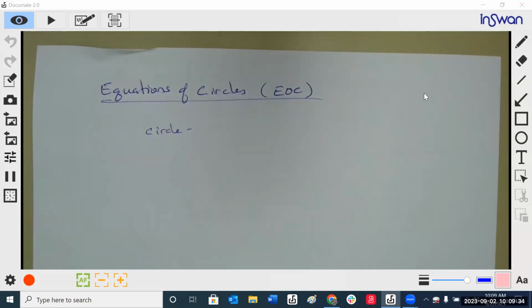Once you see this, it makes a lot of sense. And yes, exactly, because we're going to be using the distance formula.